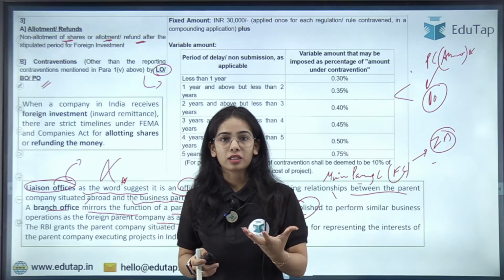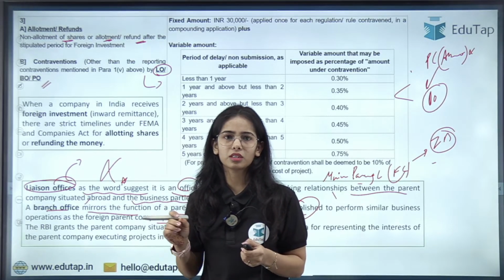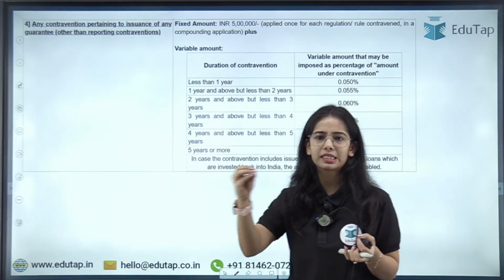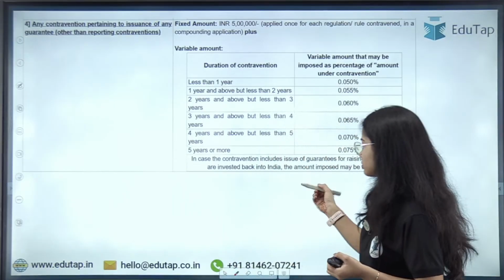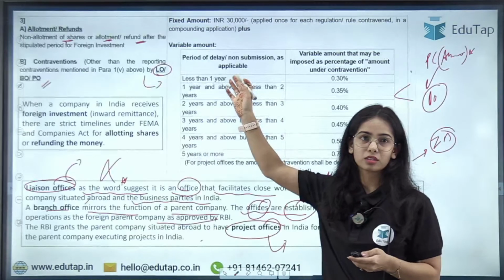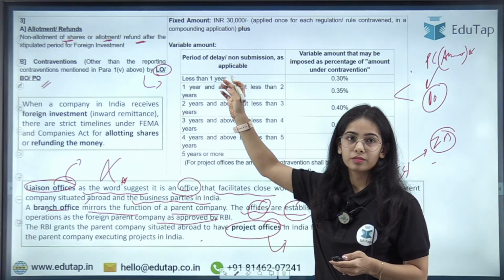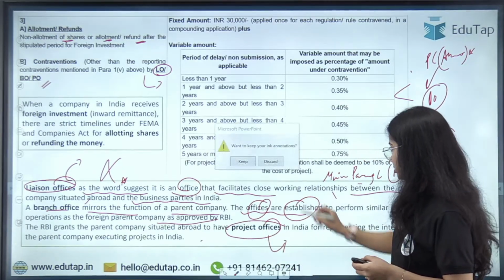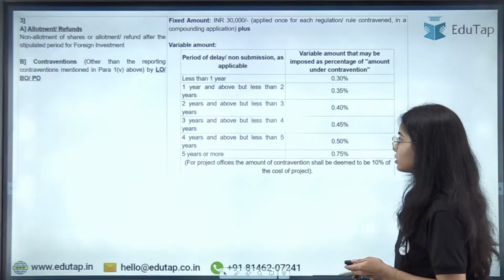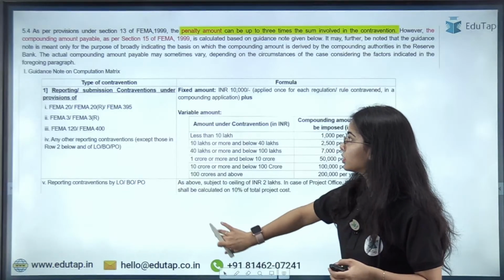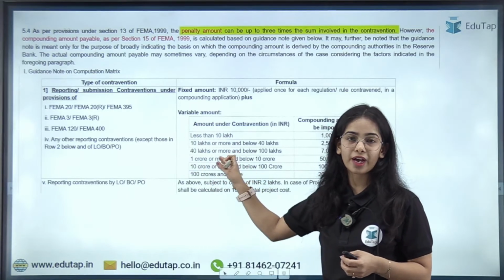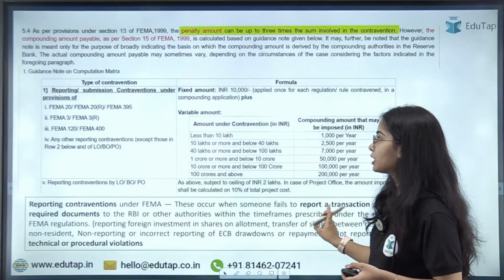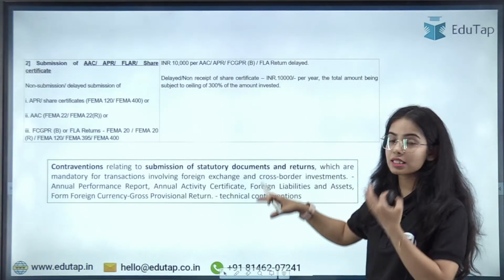Non-quantifiable means reporting. Now reporting, let's say there was some submission that you have not done, so here the quantity cannot be quantified. Okay, so in the case of reporting submissions, it is quantifiable because you can quantify the shares for which the reporting didn't happen, and all these things, the submission, and thus they are quantifiable.